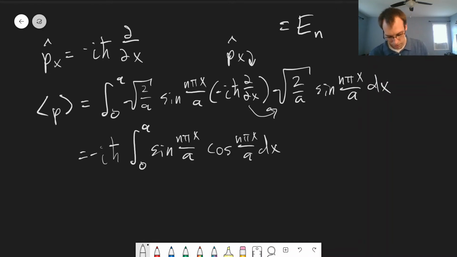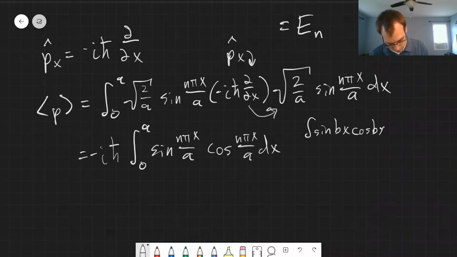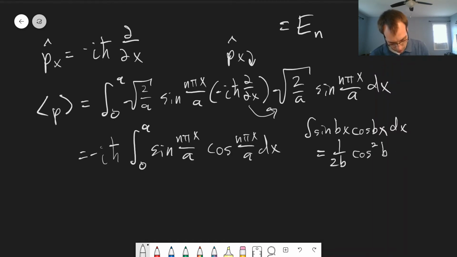What we'll see is that the integral of sine bx cosine bx is equal to 1 over 2b cosine squared bx plus a constant.